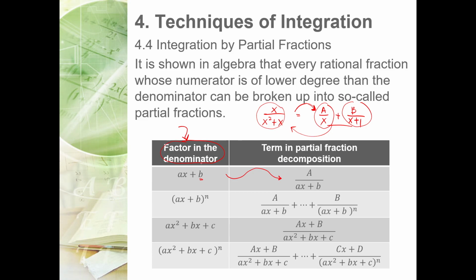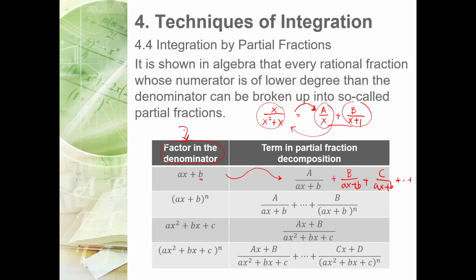So for example, if you have multiple ax plus b in the denominator, you're going to have plus B over ax plus b again, then plus C over ax plus b, so on and so forth, depending on how many terms you have in the denominator.